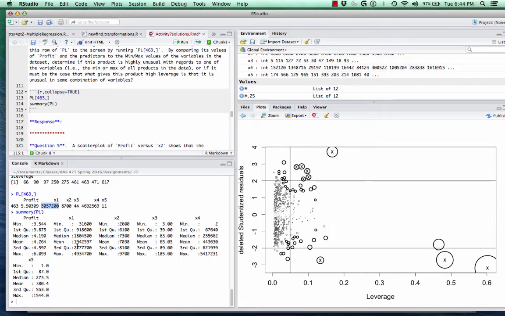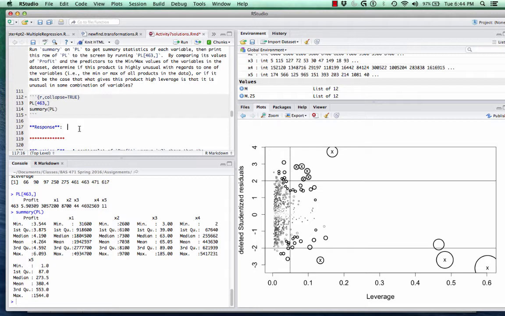Its x1 value is pretty typical here. Its x2 value is more on the high side, but not the highest, not all that unusual. Its x3 value is kind of in the middle here. It's not too big or too small. Its x4 value looks to be on the high side once again, but not the highest. And its x5 value of 11 is a little bit on the low side, but not the lowest either.